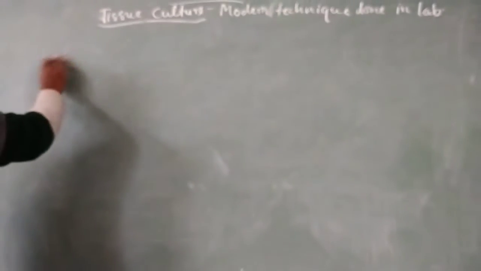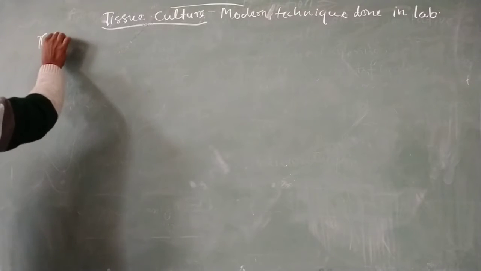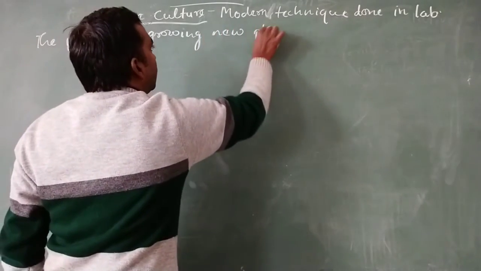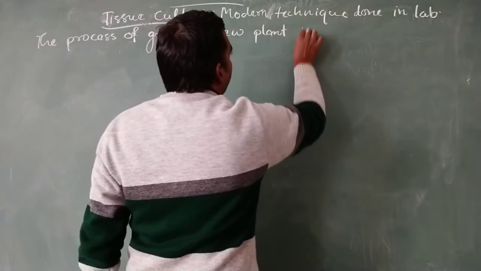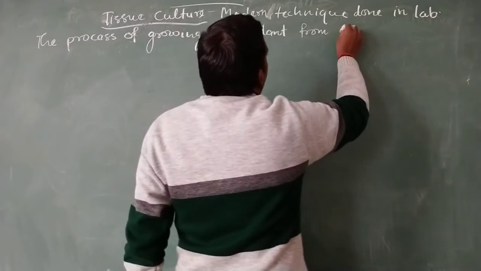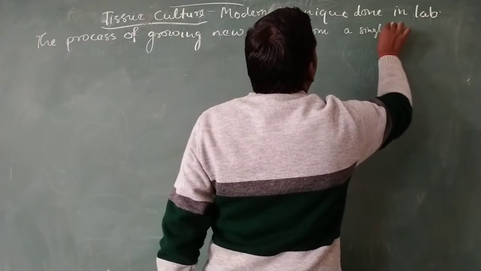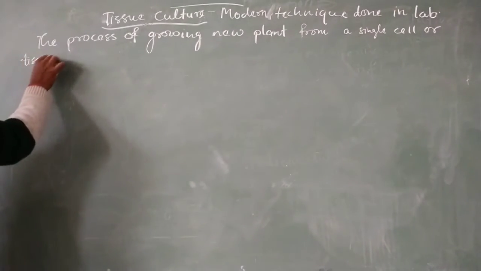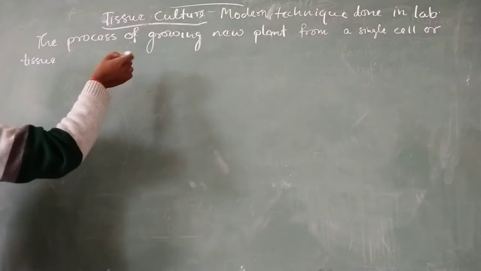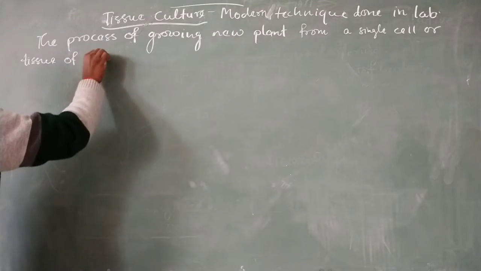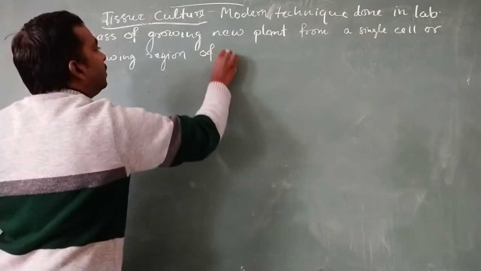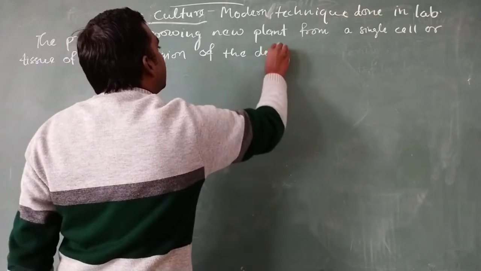The process of tissue culture is the process of growing a new plant from a single cell or tissue, from a single cell or tissue of the growing region of the plant body, of the desirable plant body.